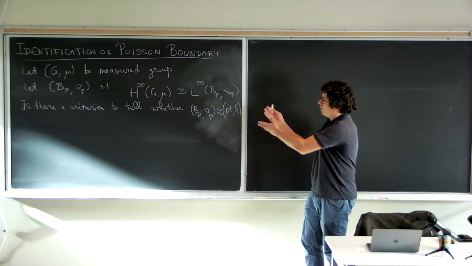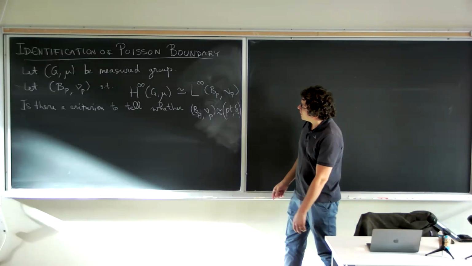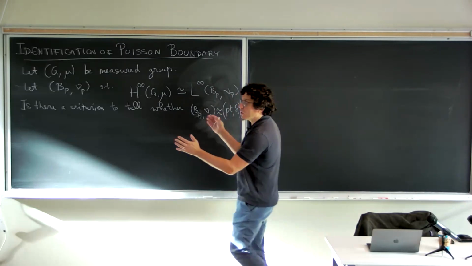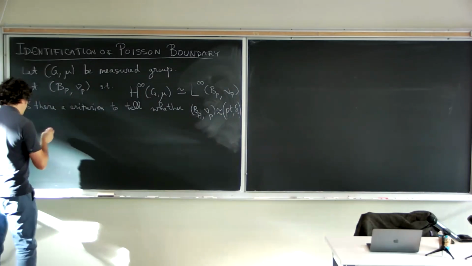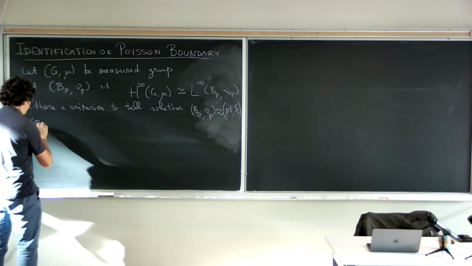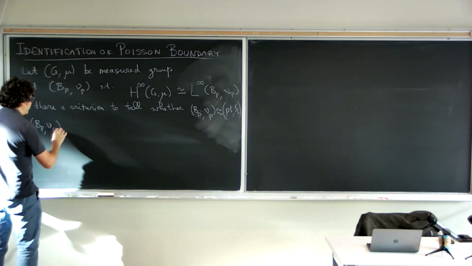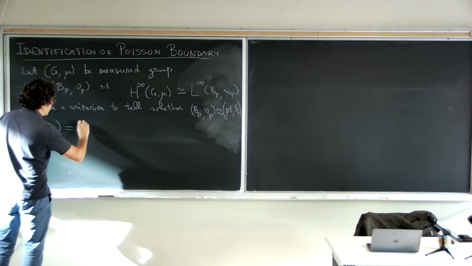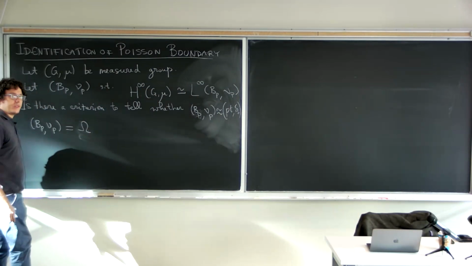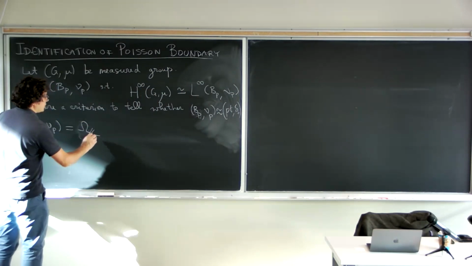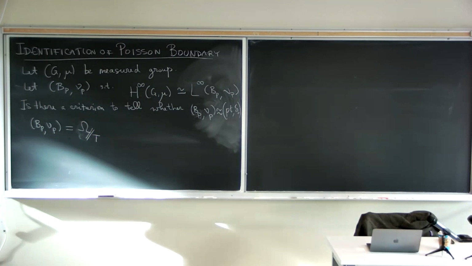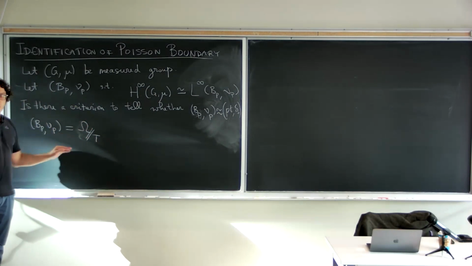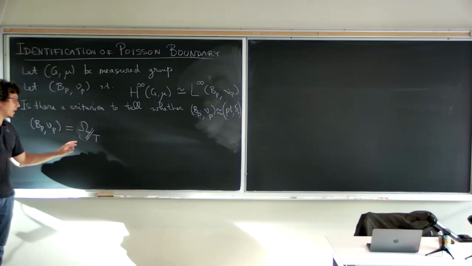Meaning that basically, if you look at this ergodic component, so you recall that the way we discussed is you define (B_P, nu_P) as this complicated quotient. So we start with omega, which is the space of infinite sample paths, quotient with the shift. And then we have to take the space of ergodic components. So this quotient is a complicated part.